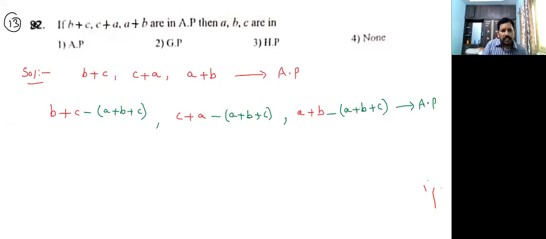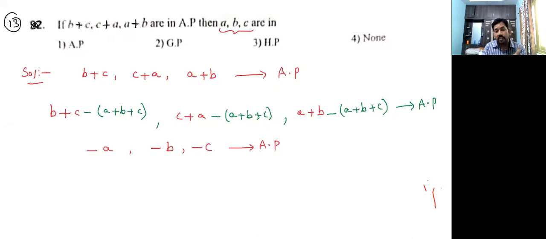Now see the calculation. B plus C minus B minus C cancel. Here you will get minus A. Here you will get minus B. Next minus C. These are in AP. Now I am going to multiply each and every term with minus 1. Why? Here they are asking A, B, C only.